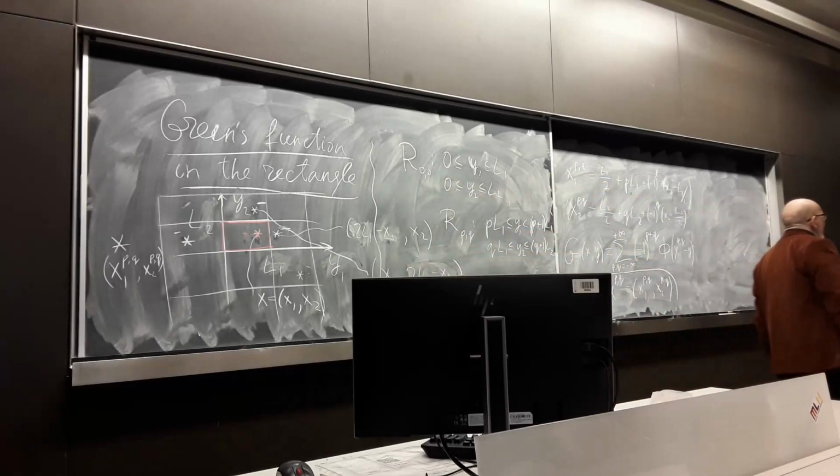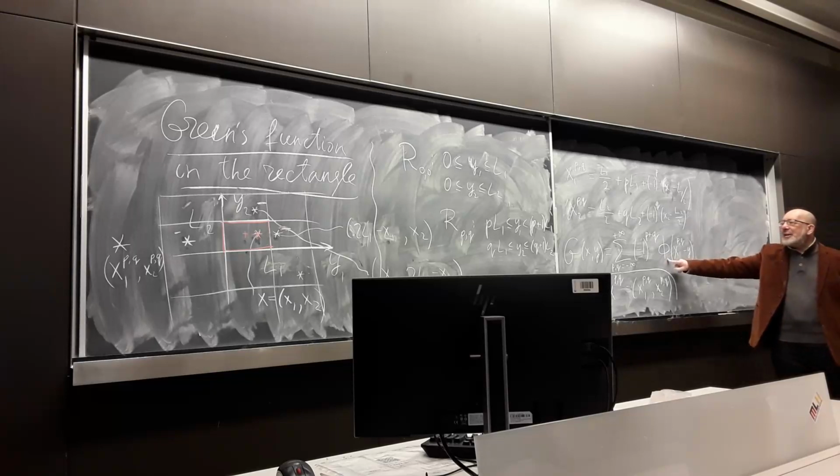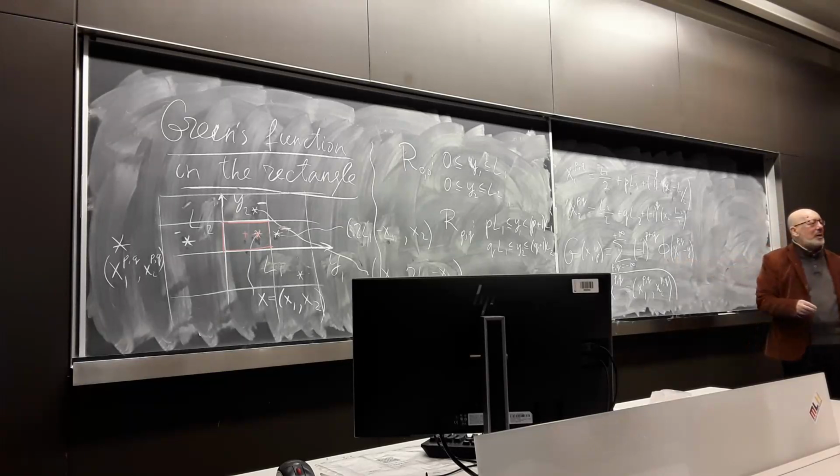We cannot do it cheaper. We should consider this double infinite series. It is not a great trouble. The trouble may be convergence, because this function phi decreases as 1 over x minus y to the power n minus 2.